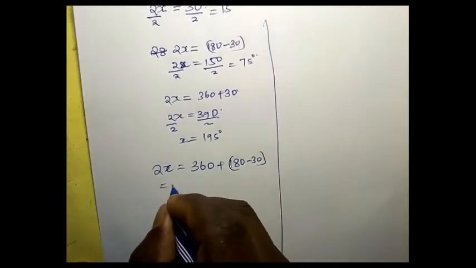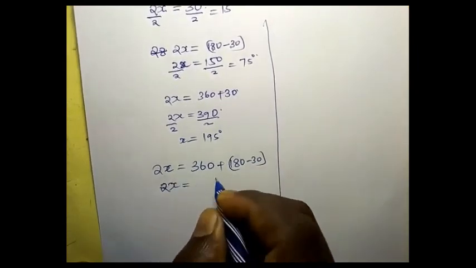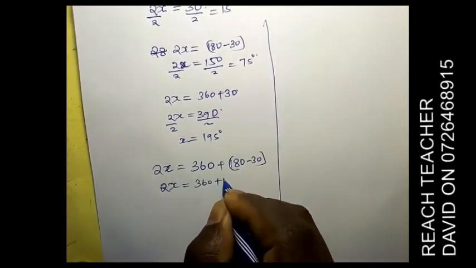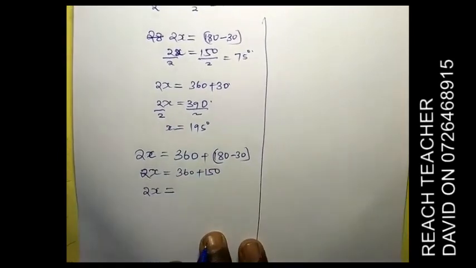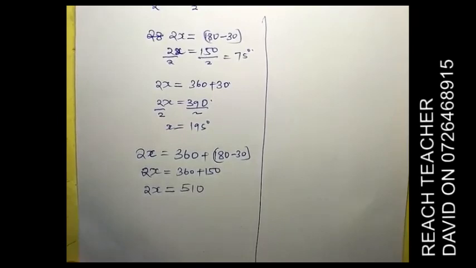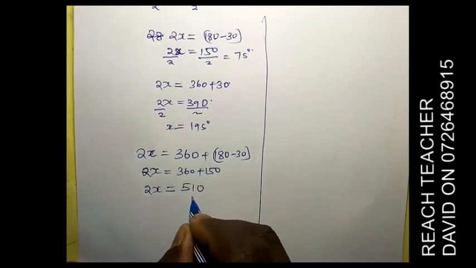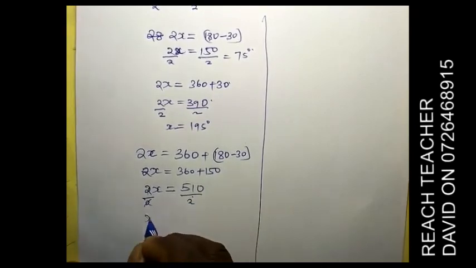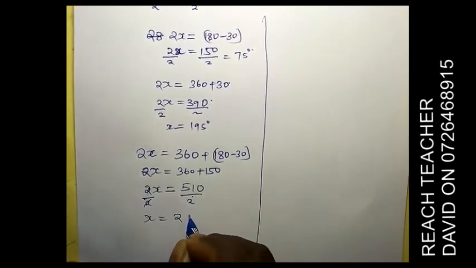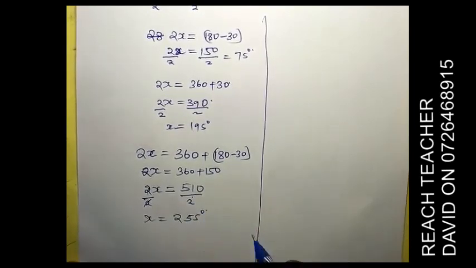So we will have 2x equal to 360 plus 150, 2x equal to 510. We divide by 2. So x equal to 255 degrees.